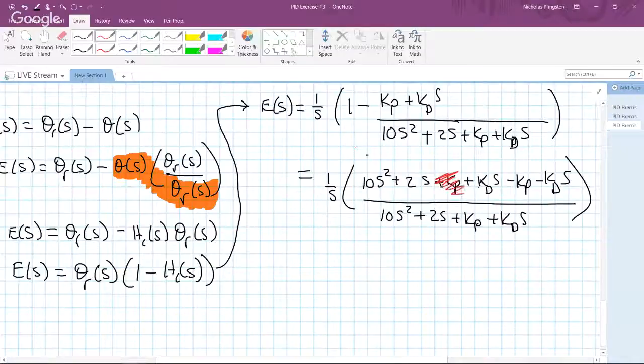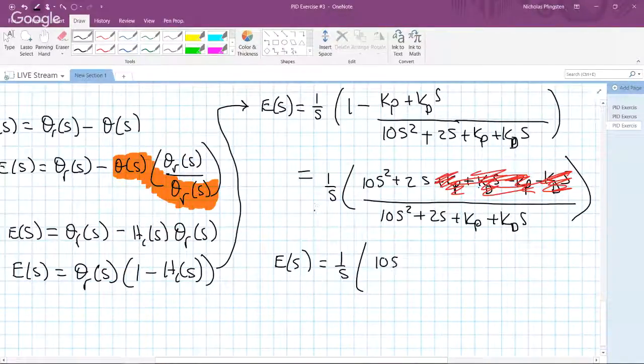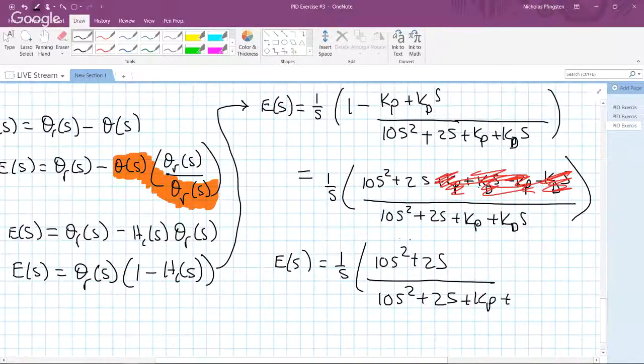Notice that these cancel out. They go away. And then we're left with capital E of S equals 1 over S times 10S squared plus 2S all over 10S squared plus 2S plus Kp plus Kd of S. Not too shabby.